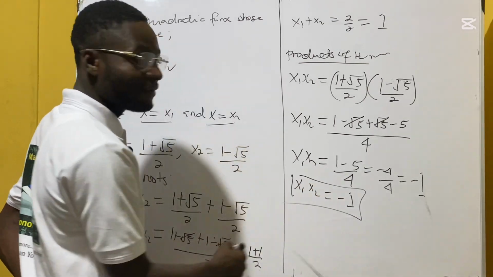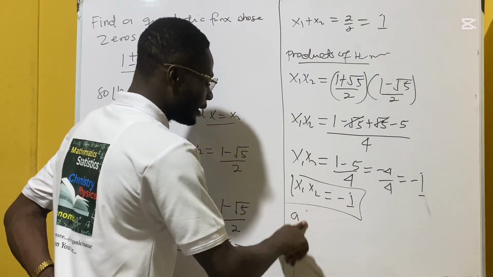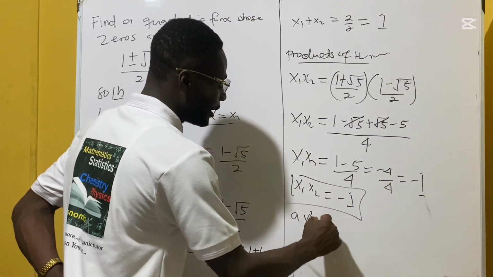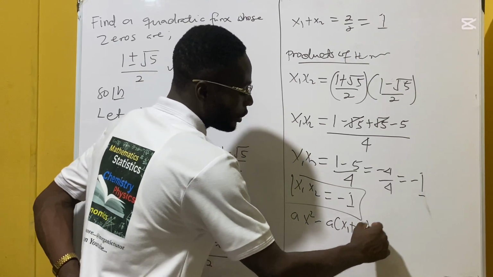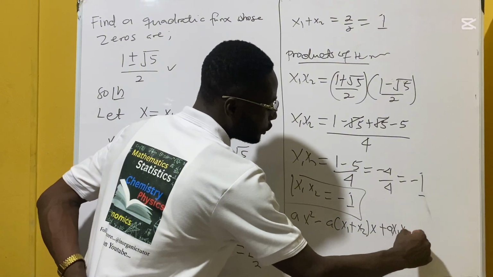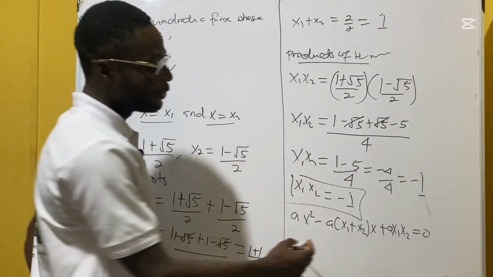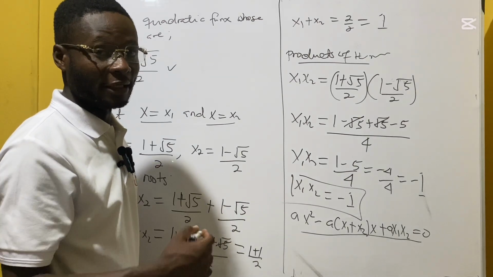So we have the sum and the product. That is going to be a x squared minus a(x1 plus x2)x plus a x1 x2 equals 0. We know this formula, right? That is the quadratic function in terms of roots.